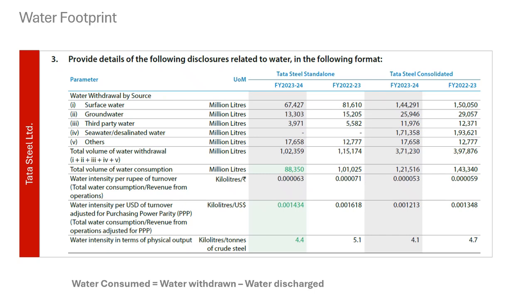To understand water footprint, we need to understand three things: water withdrawal, water consumption, and water discharged. Water withdrawal is the amount of water which is brought into the entity from various sources like surface water, that is in the form of lakes or rivers, underground water, municipal water, or seawater, or any other water which is of a significant source.